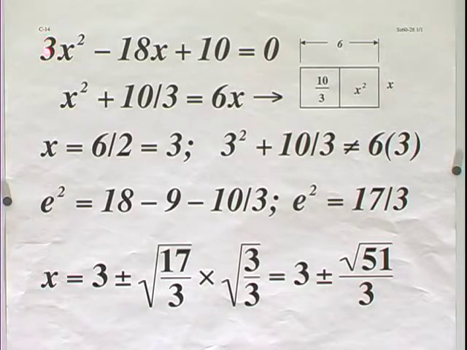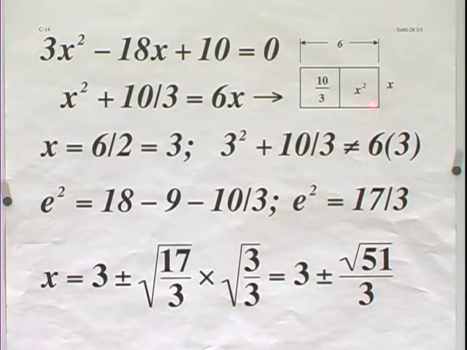The first thing I'm going to do is divide everything by 3. That x squared, divide that, I get a minus 6, which I'm going to transpose immediately over to this side, becomes a plus 6. And then divide this by 3 and I get 10 divided by 3.